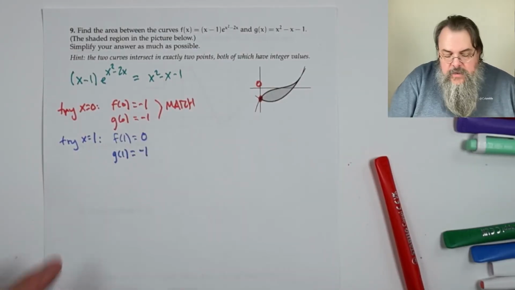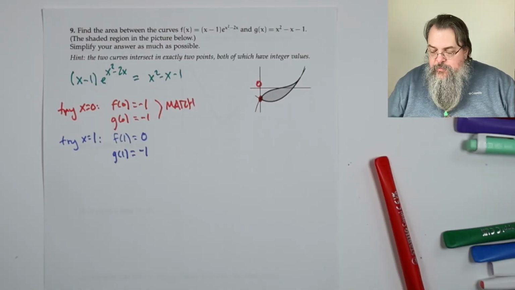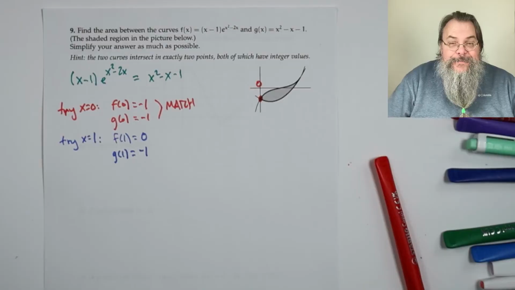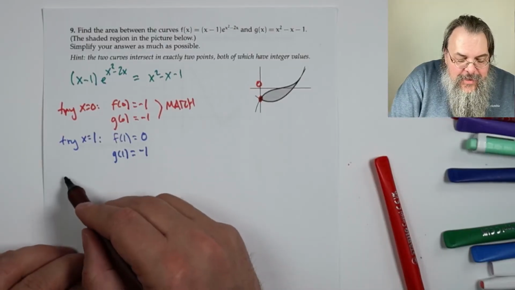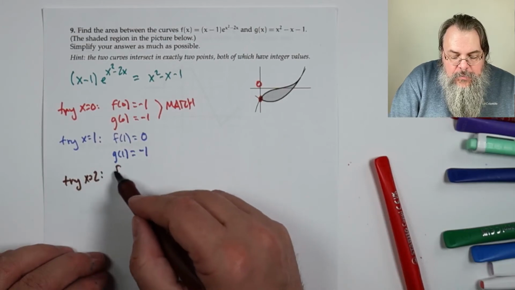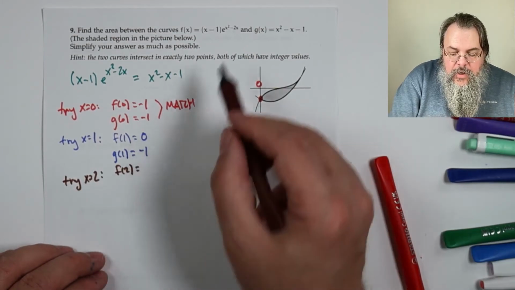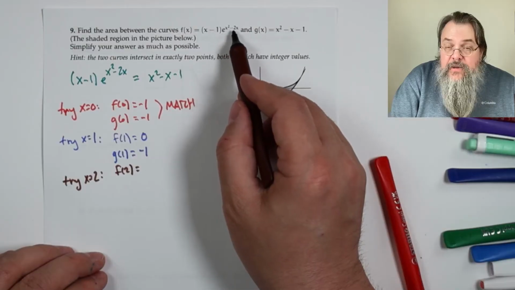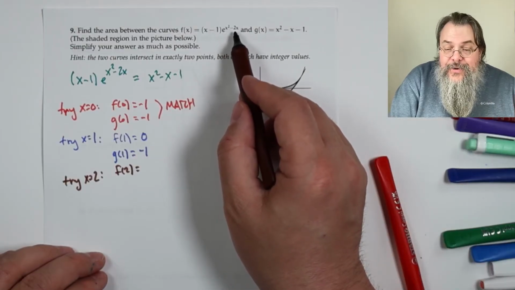Okay, well, that's okay. There's lots of numbers. There's infinitely many integers. Don't worry. I don't think we'll have to try infinitely many. And let's try x equals 2. Okay, what happens when we plug 2 in? Well, we get 2 minus 1 is 1. Now up here we get 4 minus 4, 0.